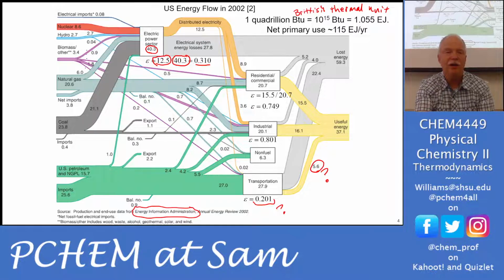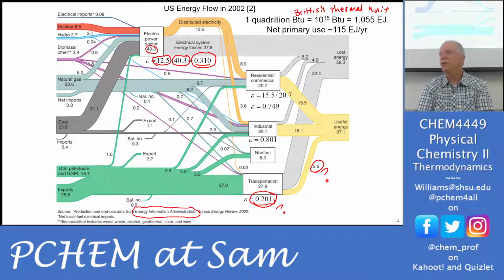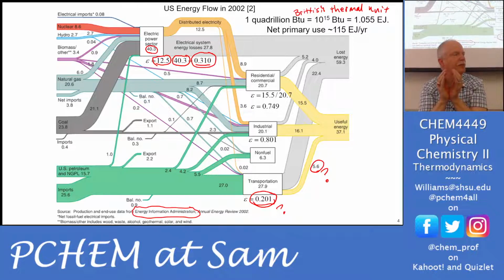If we're burning fossil fuels to make our electricity, we're topped out at 31%. We're comparing this 20% in transportation to 31% in terms of our electrical grid. So yeah, if you narrow your efficiencies down, then you're kind of getting a false picture.